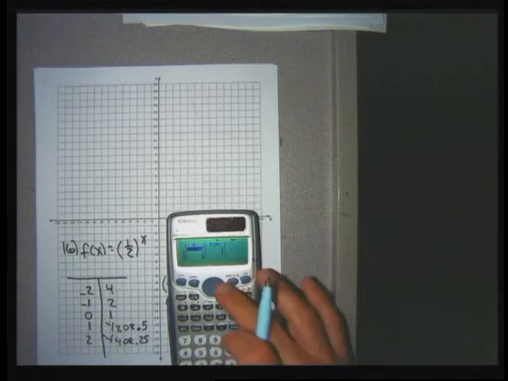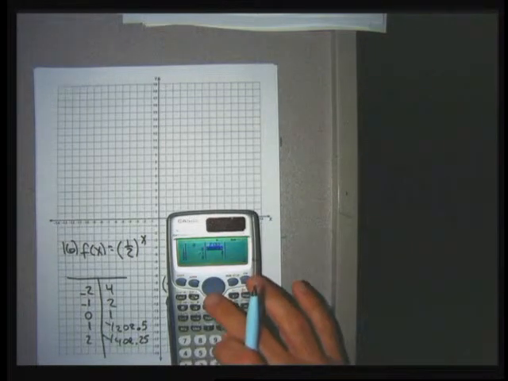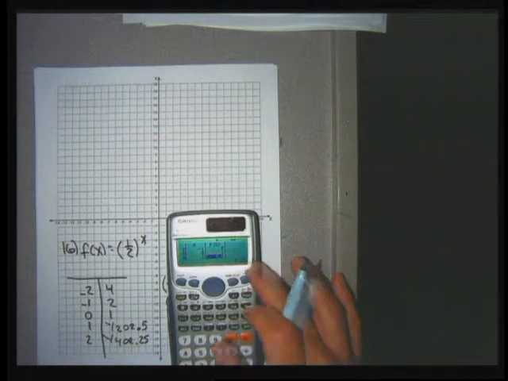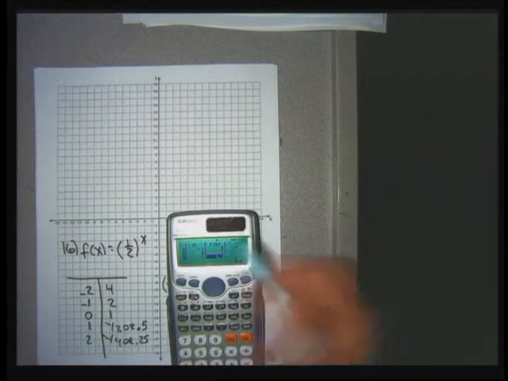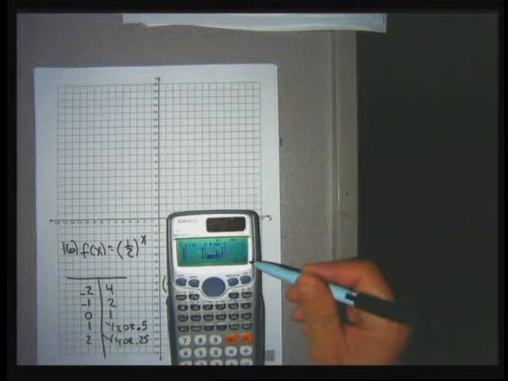You'll see the first point has a 4, the second point has a 2 for the y, the third point a 1, the fourth point a 1/2. Look at how over here it writes 1/2 kind of in a funky way, but that's 1/2. And the fifth point, it writes 1/4 when I scroll to it in a kind of a strange way so it fits on the screen.